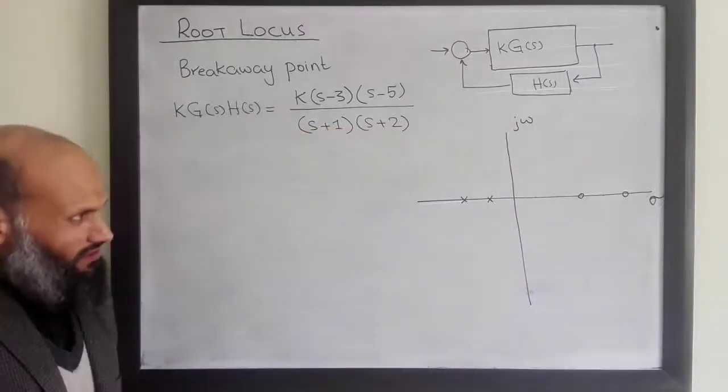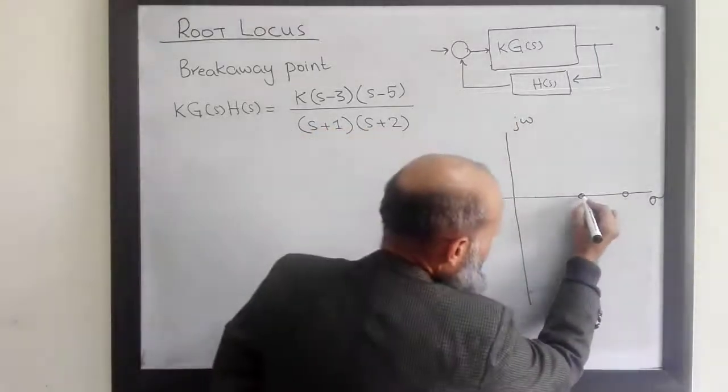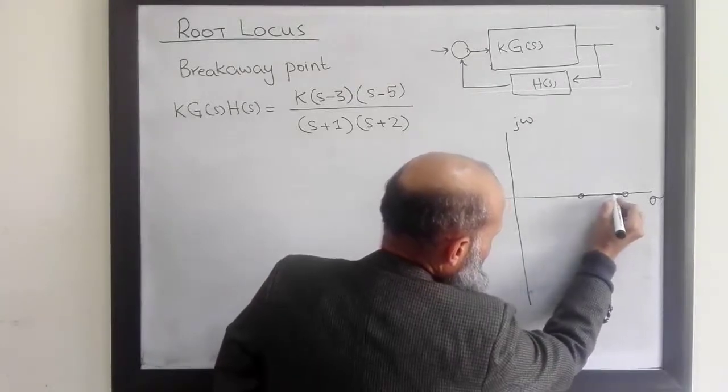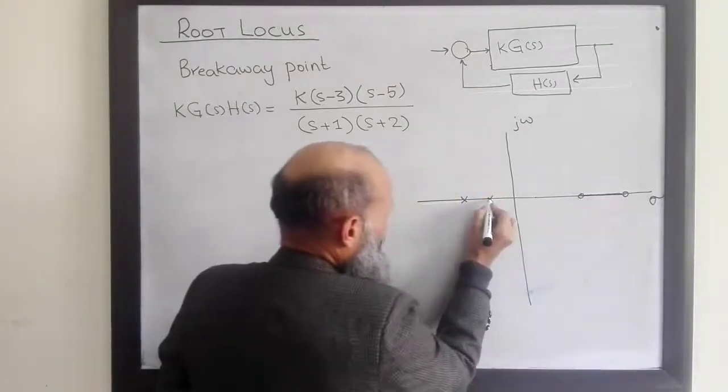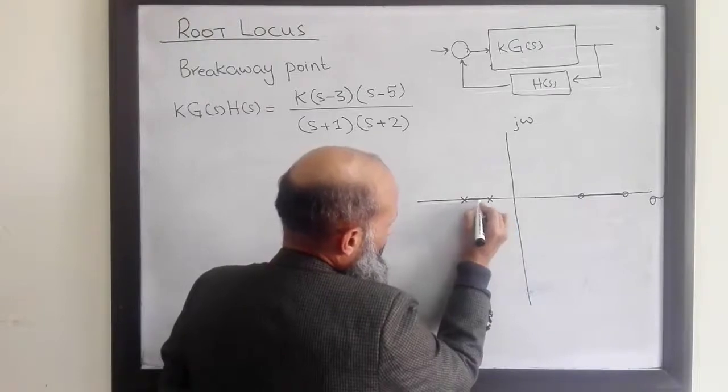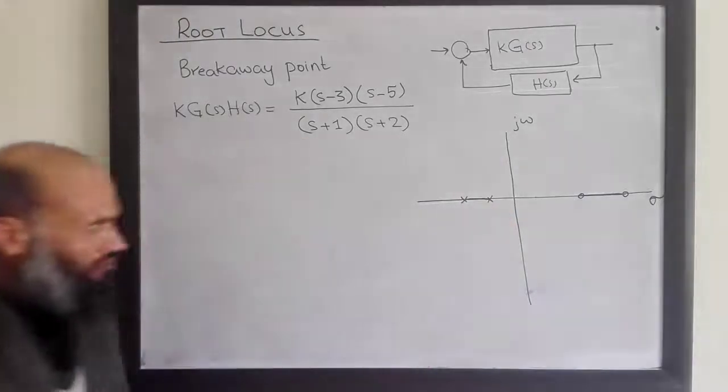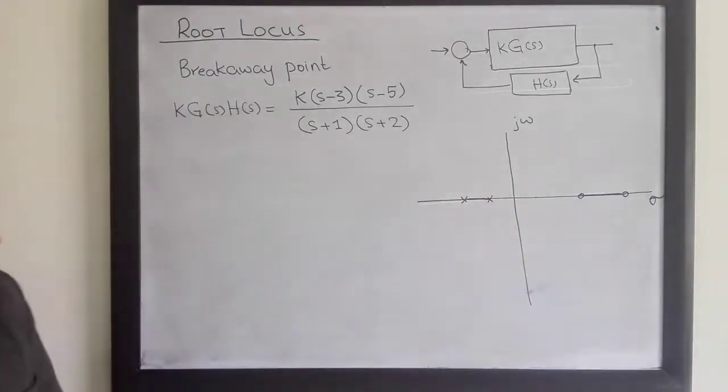So by applying the real axis rule, this is part of root locus and this is also part of root locus. And we know that root locus will start from the poles and will end at zeros.